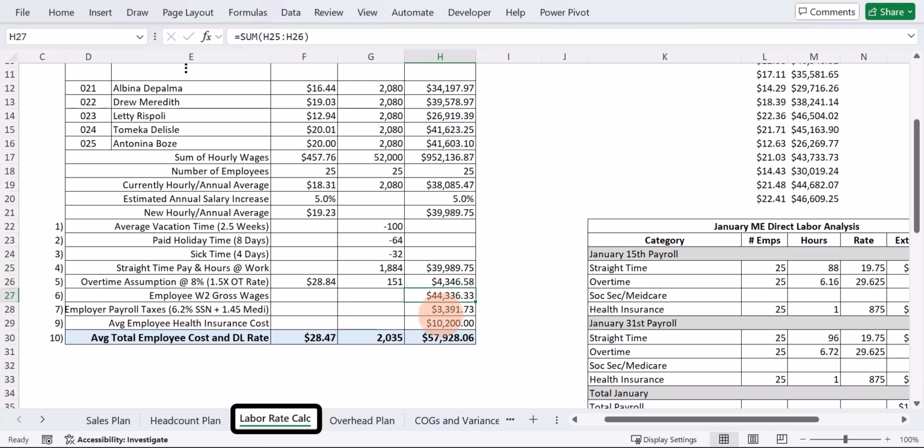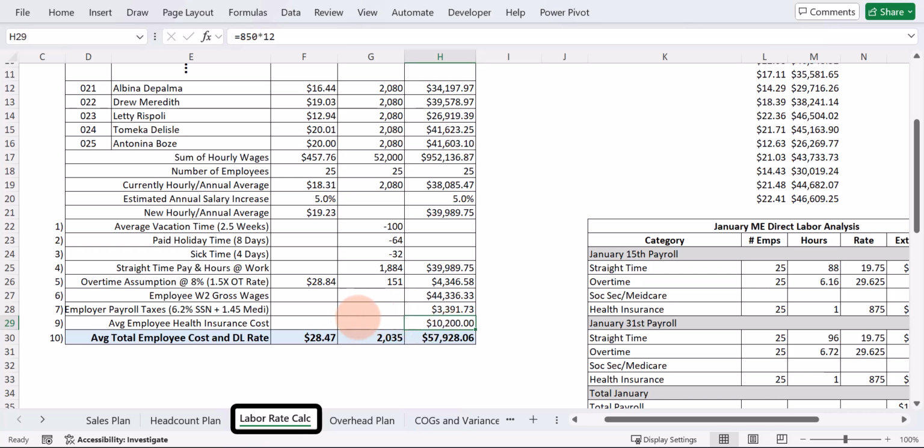Next we want to include some of their payroll related expenses, because we want this labor rate to fully absorb their payroll taxes as well as their health insurance. Now, you may have more in here. You may have 401k matching estimates or life insurance, whatever it is.